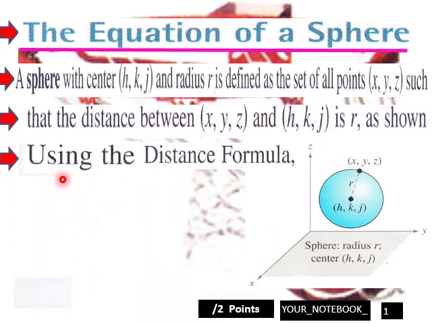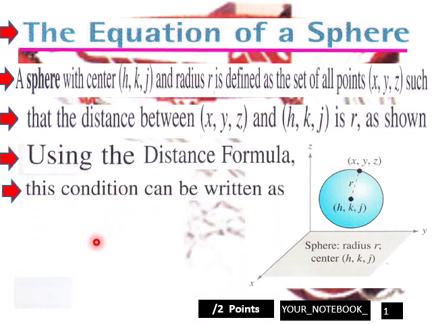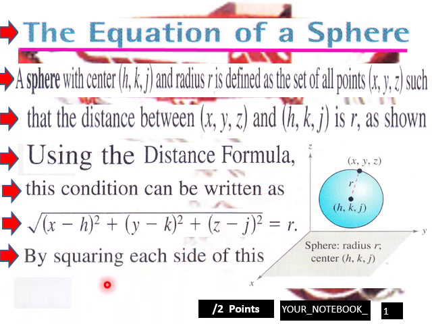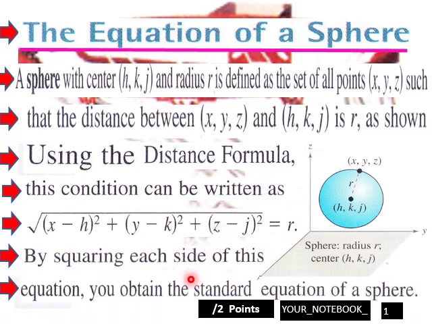As shown, using the distance formula, this condition can be written as the square root of x minus h quantity squared plus y minus k quantity squared plus z minus j quantity squared, and that'll give you your distance of r. By squaring each side of this equation, you obtain the standard equation of a sphere.